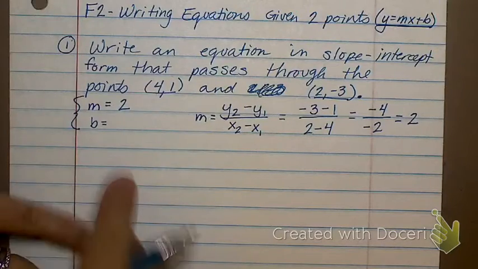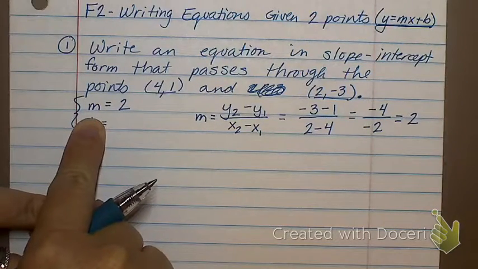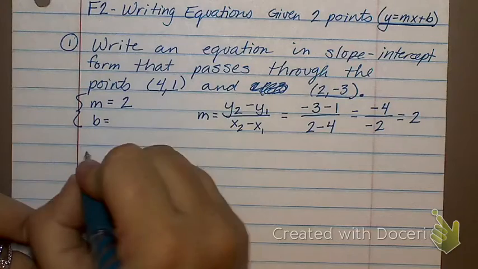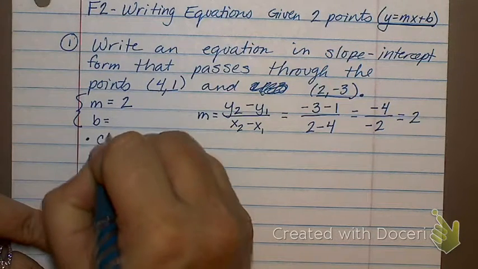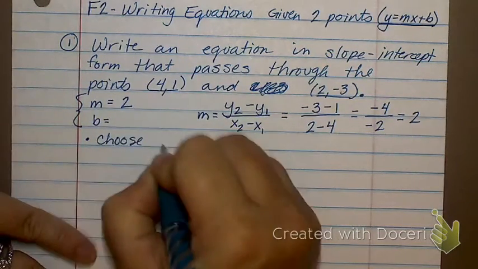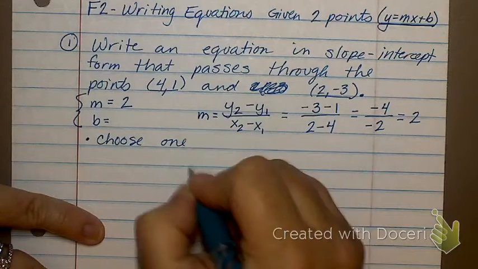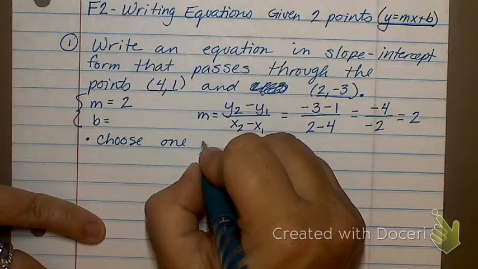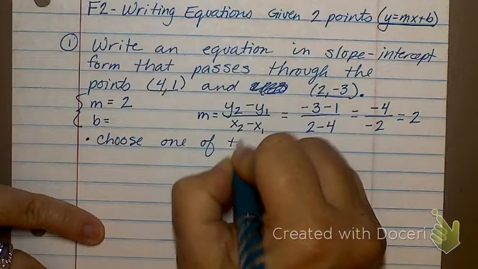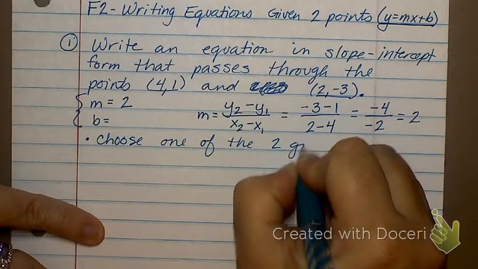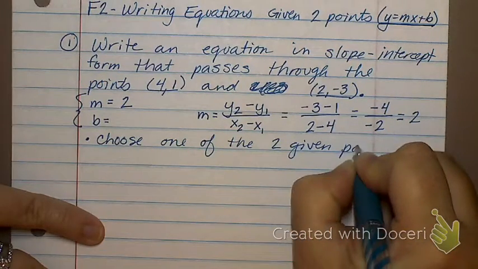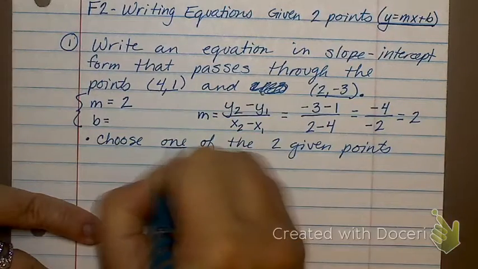Step 2 is going to get me my b value. Step 2, I am going to choose one. We're not going to do all this writing for all the examples, I promise. Choose one of the 2 given points, just one of them.